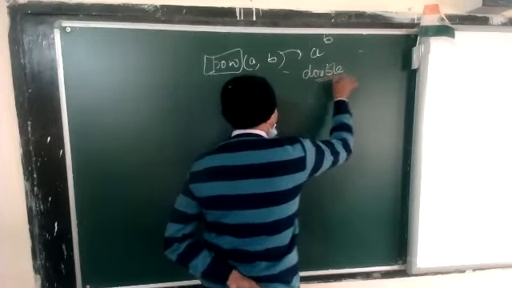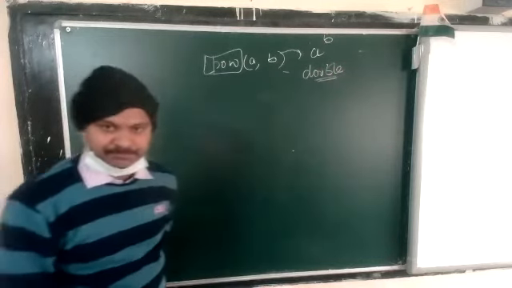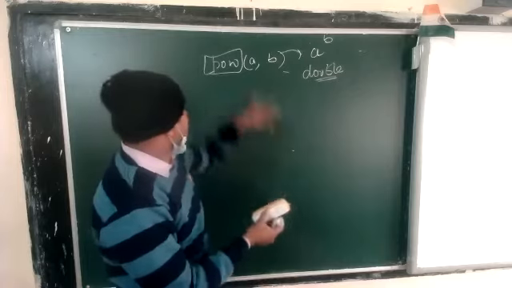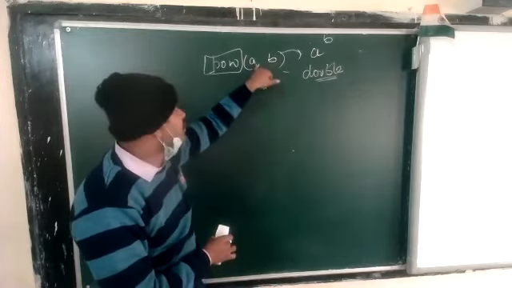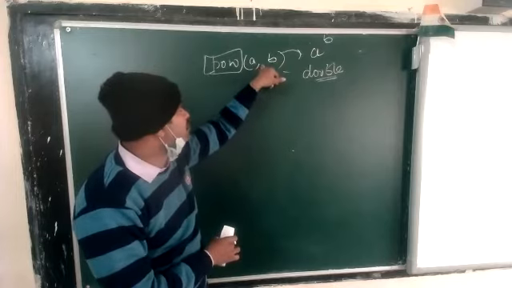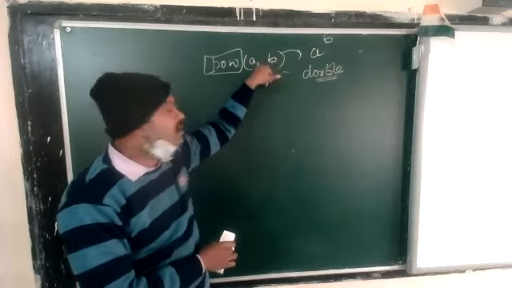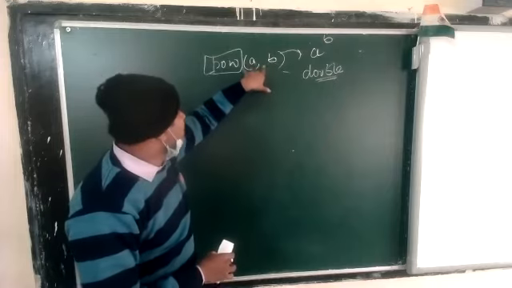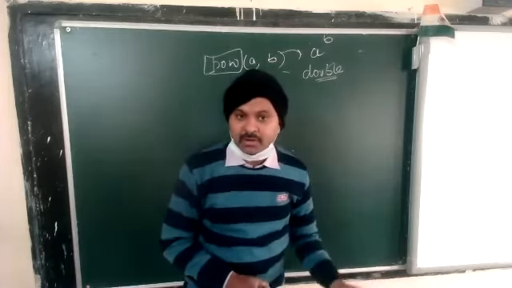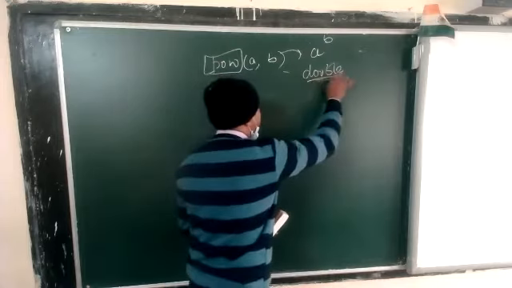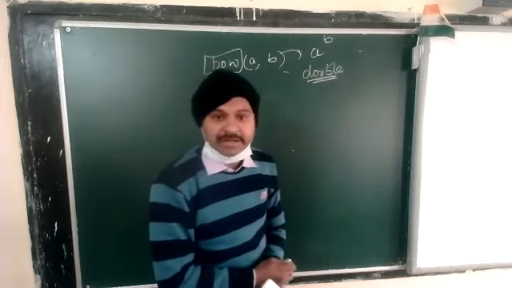It returns the value in double type, because this function is calculating something. It is calculating power: the first value raised to the second value. So this will calculate a value, and this value must be returned in the form of double type.